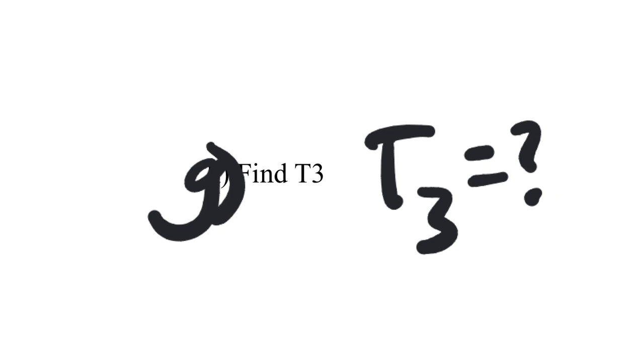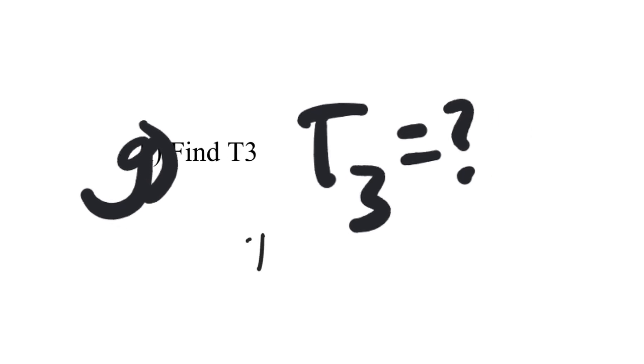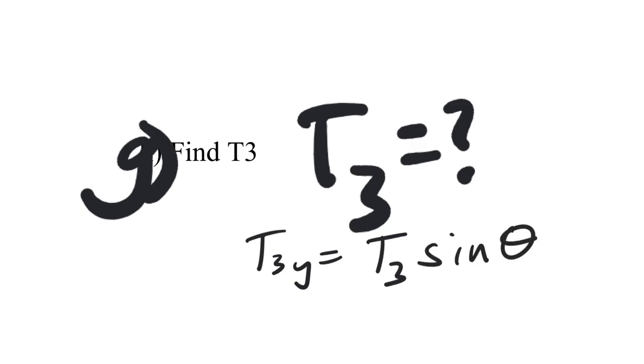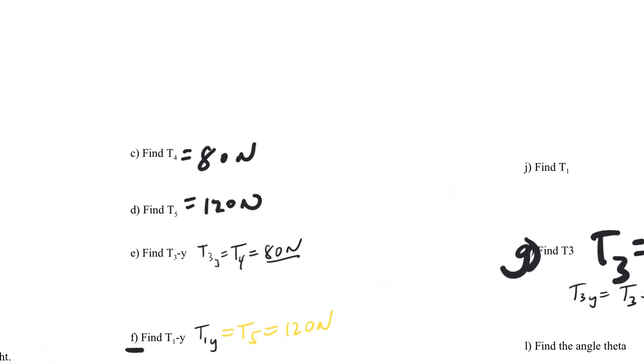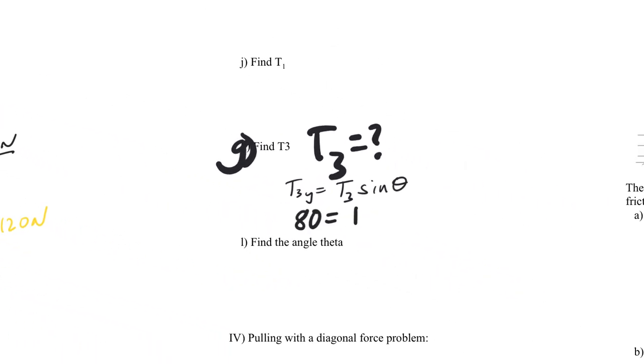So T3y equals T3 sine of theta. Again, that's on your equation sheet as Qy equals Q sine of theta. So T3y is equal to 80. T3 I'm solving for, times sine of 25.